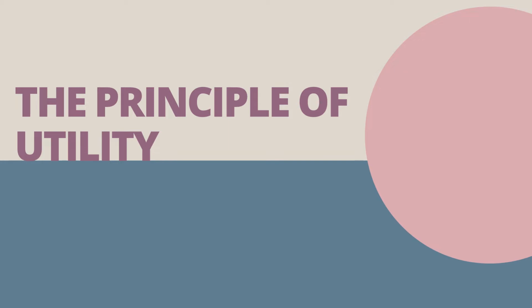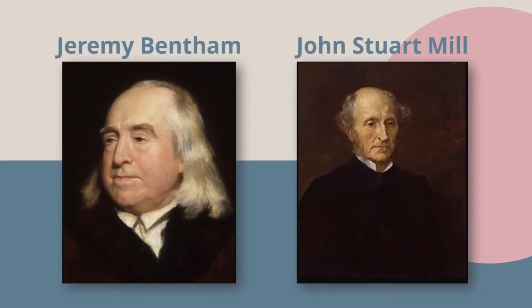And when we talk about the principle of utility, yun nga, ang pinakamatunog or pinakasikat or what will appear first, two important names in the field of utilitarianism, specifically in the principle of utility. We have Jeremy Bentham and John Stuart Mill. So ito sila, Jeremy Bentham at saka si John Stuart Mill.